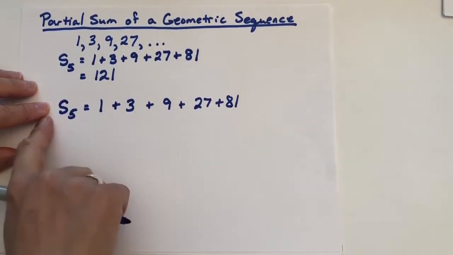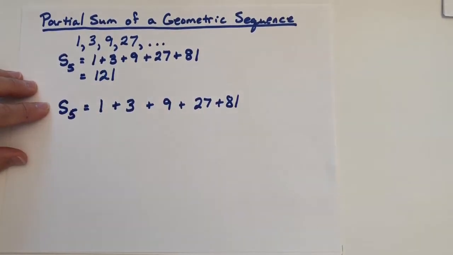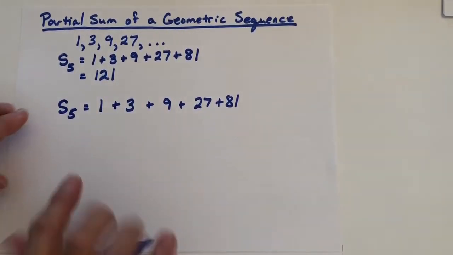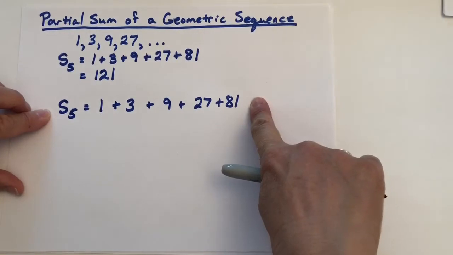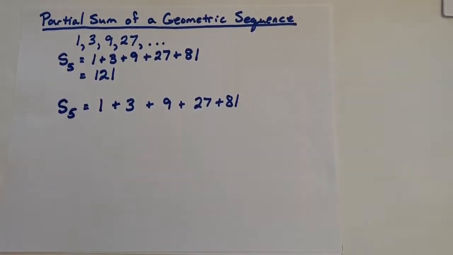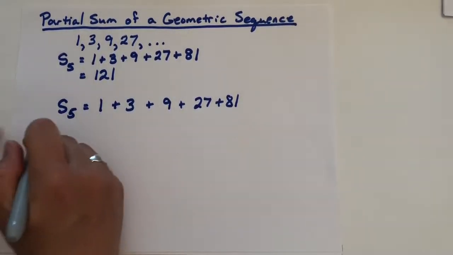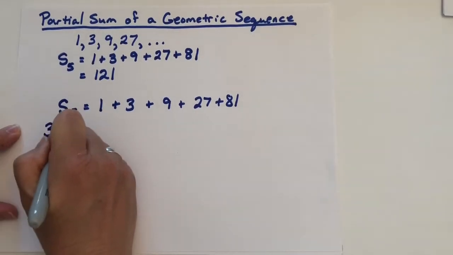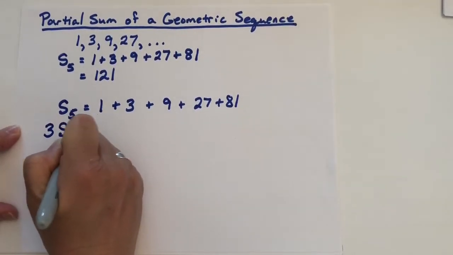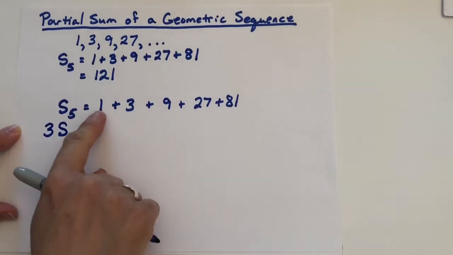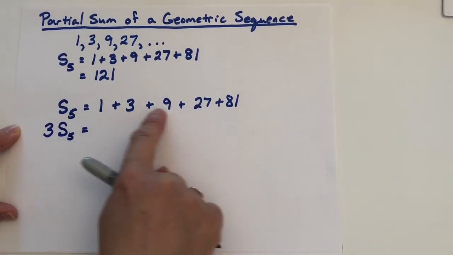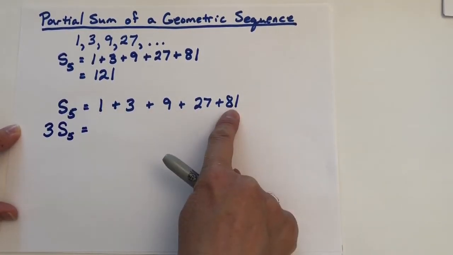And I'm using 3 because it's the r value for this problem. So I'm going to multiply this equation by 3 and write it down. So when I do that, I have 3 times the fifth partial sum equals, so I have 1 times 3, 3 times 3, 9 times 3, 27 times 3, and 81 times 3.